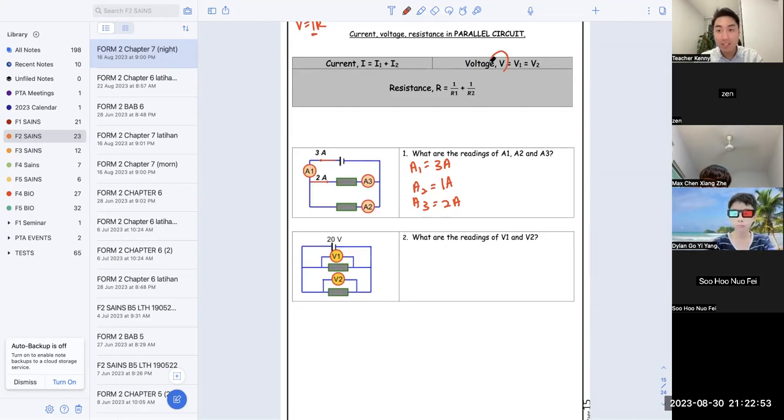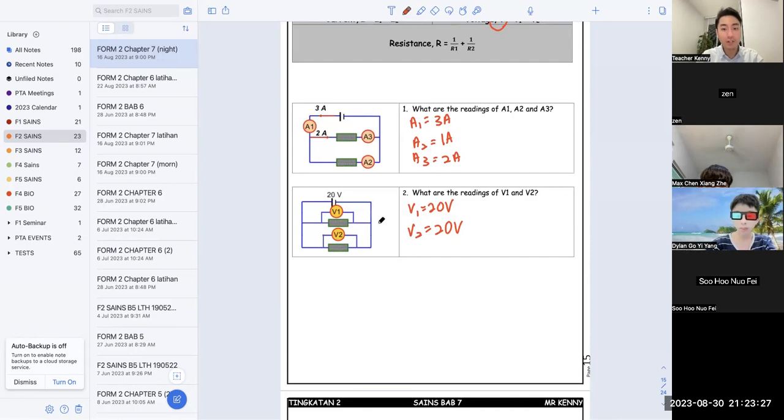That means master V will be the same as V1, and also the same as V2. So what are the readings of V1 and V2? According to the formula, V1 will be 20 volt. Exactly the same, no difference. The energy will still be pushed out as 20 for both circuits.